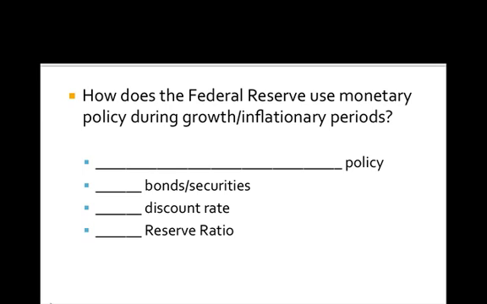So the Federal Reserve is going to look at the business cycle and decide what it should do during different times in the business cycle. So if we're in a situation of growth, the business cycle is expanding, GDP is headed up, you know, inflation will also be headed up, and unemployment will be headed down.